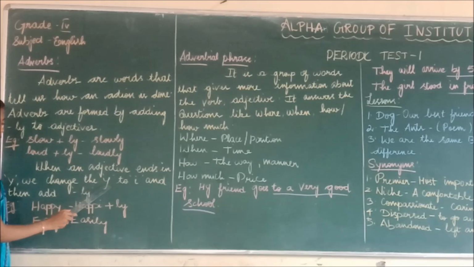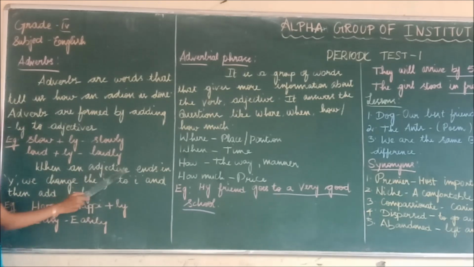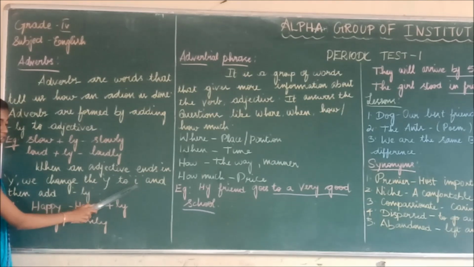We change the y to i. So we have removed the y and added i, happi, and then add ly. So happy, happily. When an adjective ends in y, we change the y to i and then add ly.